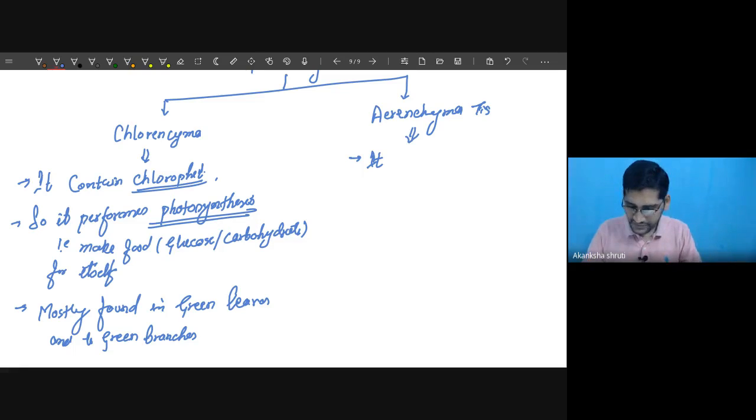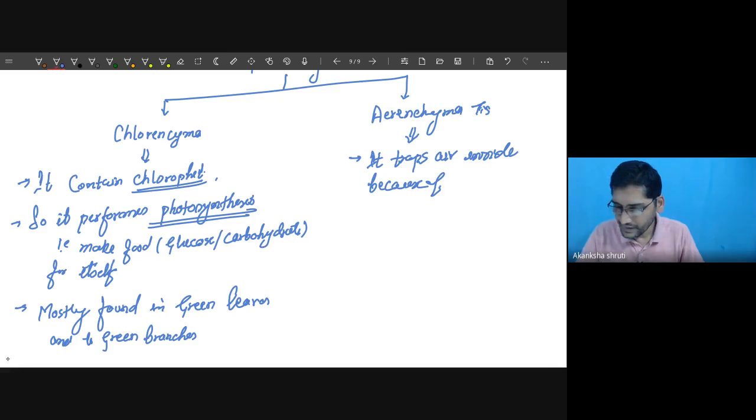Aerenchyma has spacing between the tissues, so more spacing. So it traps air inside it because of the large cavity or gap between the tissues.